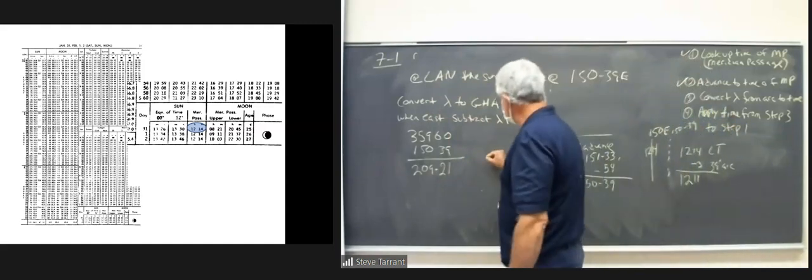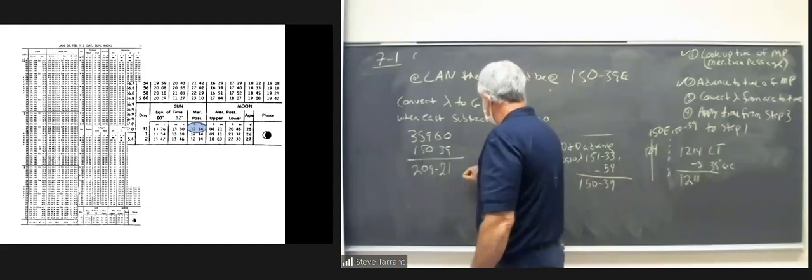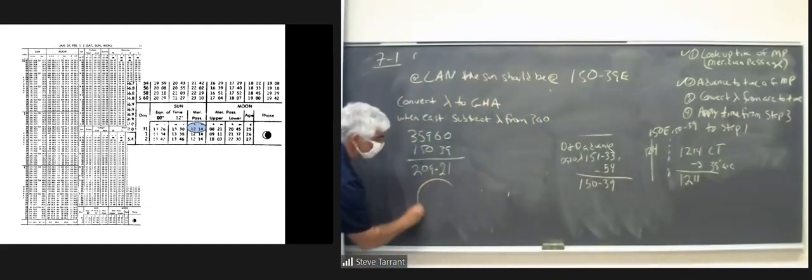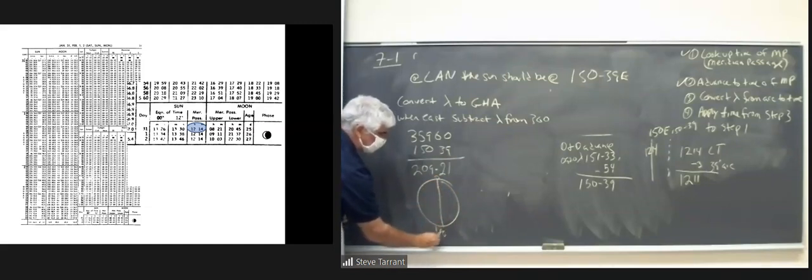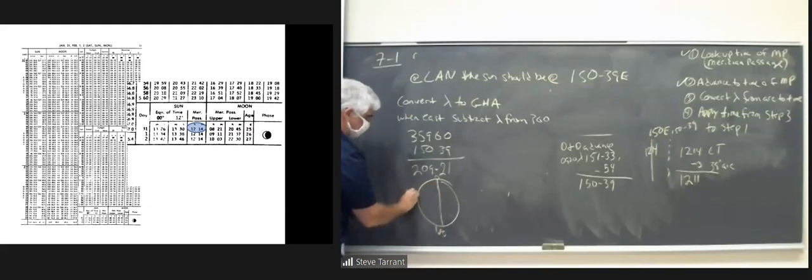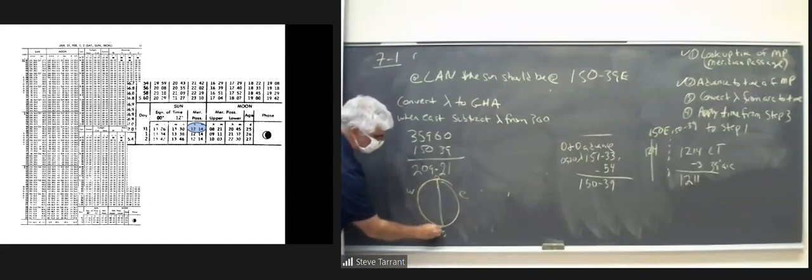If you were looking at this like a polar diagram, here's 0, and there's 180, and this is west, and this is east. So we went all the way around to 180, and then we went another almost 39 degrees. So this is where we're at right now.